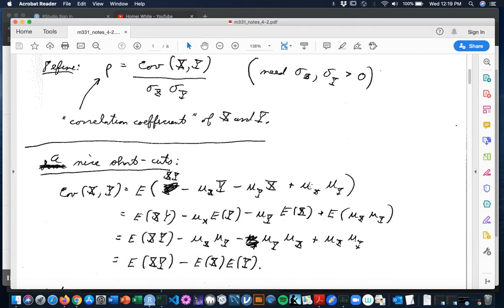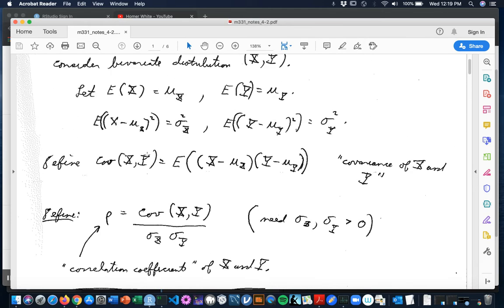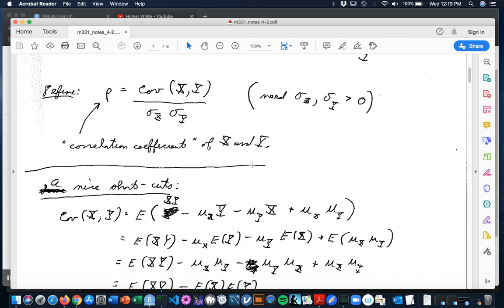Anyway, there's a nice shortcut for computing the covariance, which I would like to go ahead and prove right now to make future computations easier. So say you want the covariance of X and Y. Well, you could just go ahead and multiply out this stuff that you are taking the expected value of.